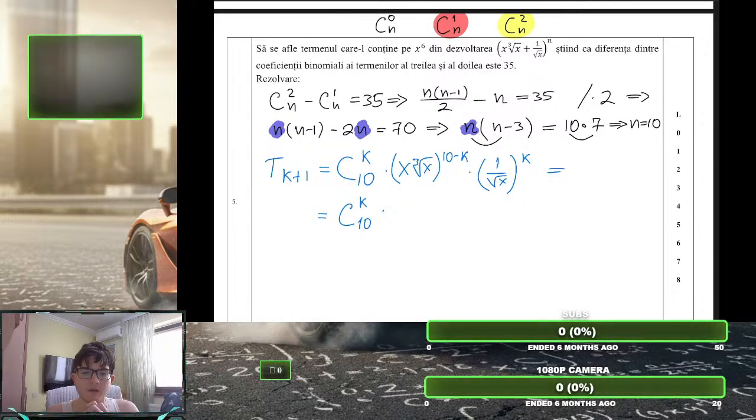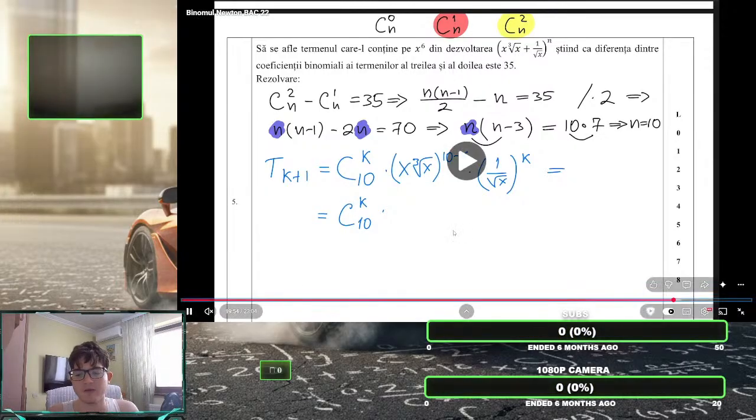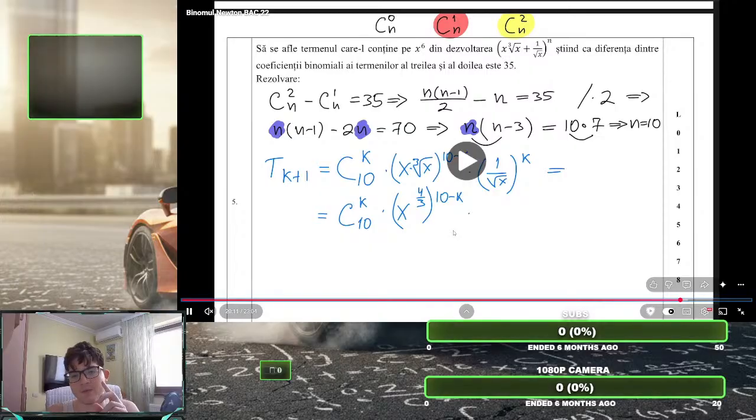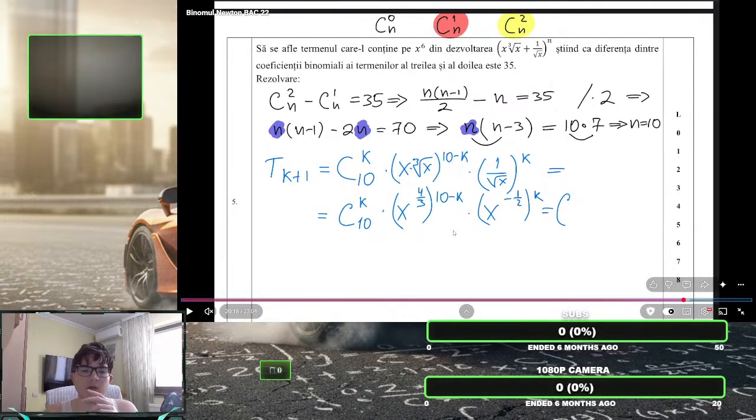X has the power of 1 plus 1 divided by 3, so that is going to be x to the power of 4 divided by 3, right? Times 10 minus k, right there. X to the power of minus 1 divided by 2, and k right there. Pop the C again, C(10,k) right there. Amazing. Okay.